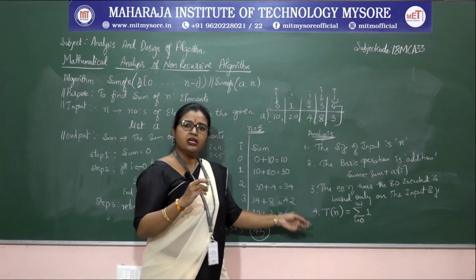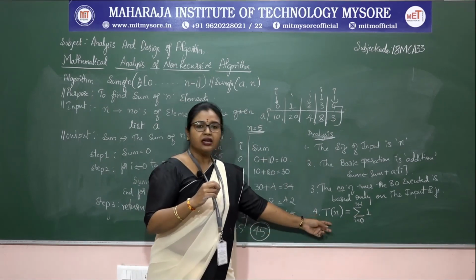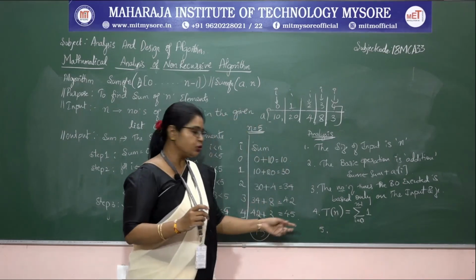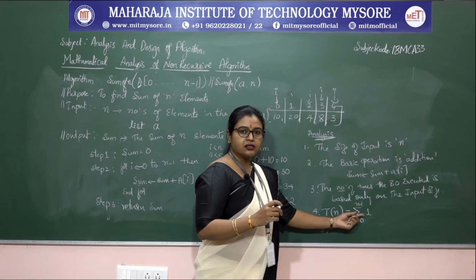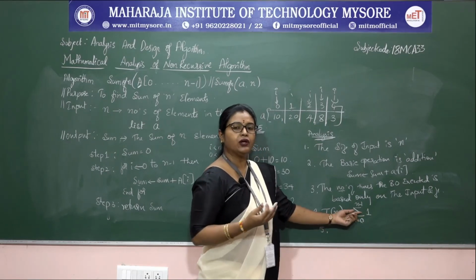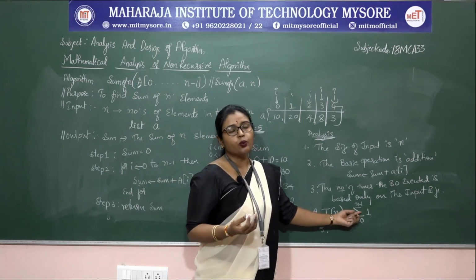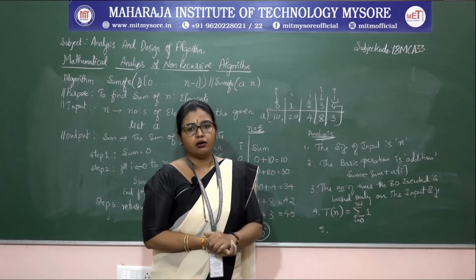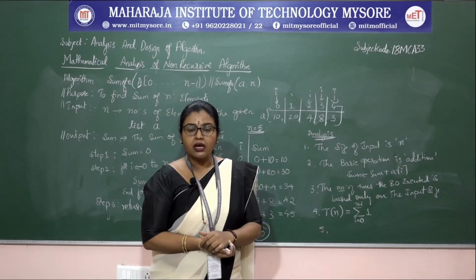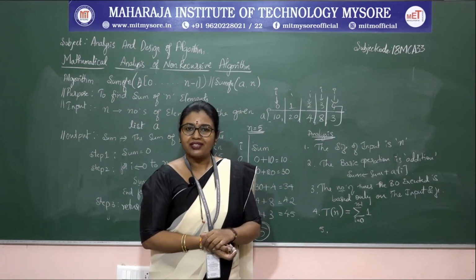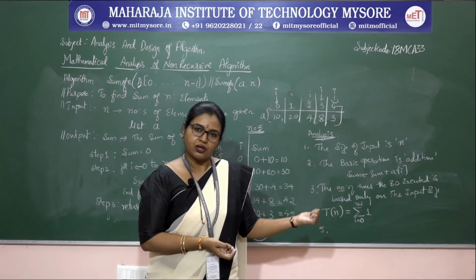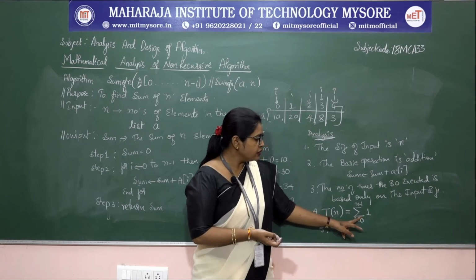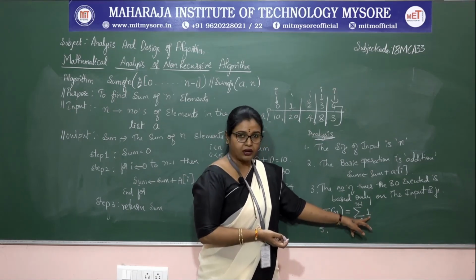So now we need to solve this equation to get this T of n, that is the 5th step. In the 5th step we need to evaluate this summation equation. For summation equations we have multiple formulas and standard rules. Based on those rules and formulas we need to solve this summation equation. Here we have a constant term, 1.